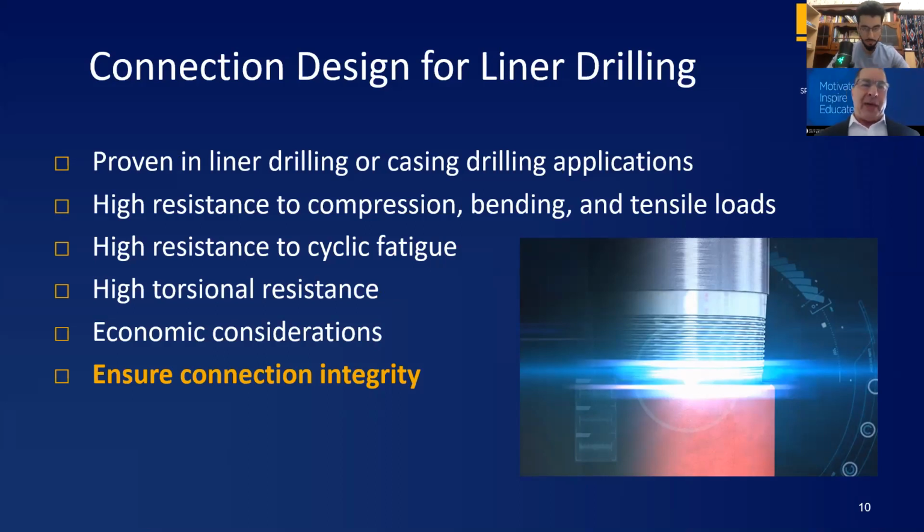You get some type of decrease in fatigue resistance of your connections, especially in directional holes where you see dog legs over 3 degrees per 30 meters or 3 degrees per 100 feet in imperial units. The higher the dog leg, the less fatigue life you have in these connections. So that's where you're going to have failures if you've improperly designed your connection for the liner drilling application.